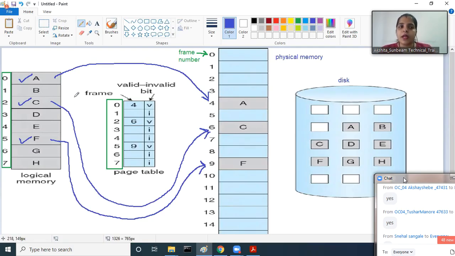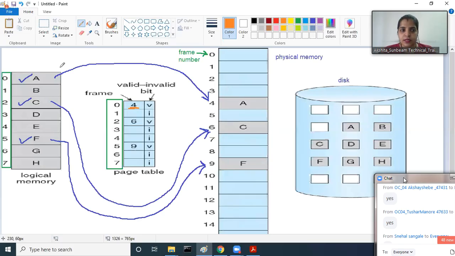Now, your operating system will only load page A, page C, page F, wherever I have the space in the main memory. Now, please observe over here: page A is loaded into frame number 4, so it will maintain that entry in the page table.